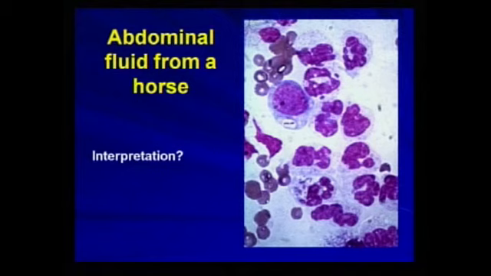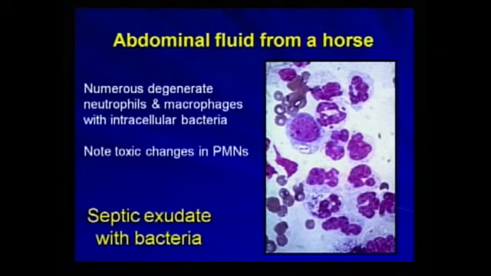When you have septic exudate, usually you have bacteria in there. So seeing the bacteria, I have no problem saying this is a septic exudate in the abdomen of this horse, and that means very bad things.